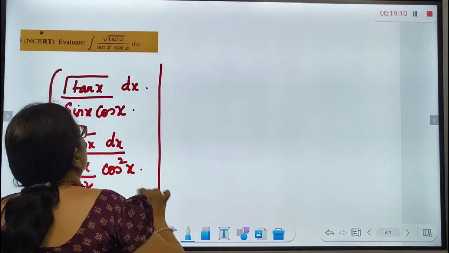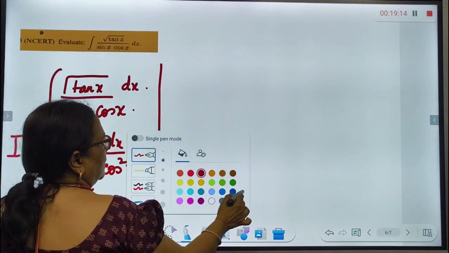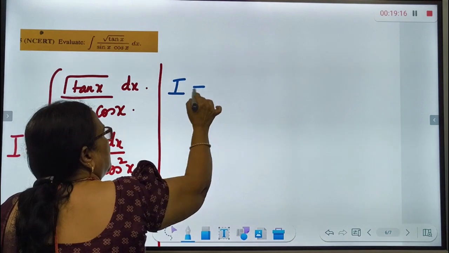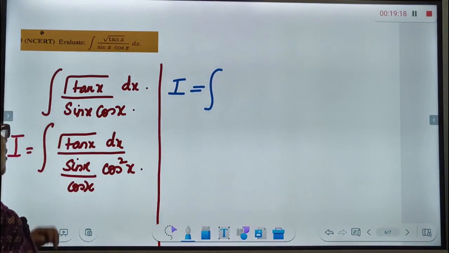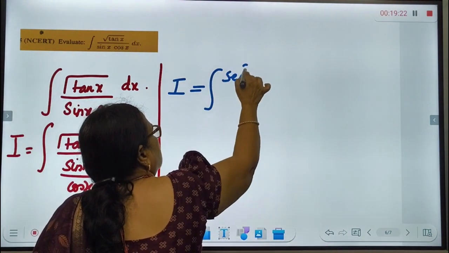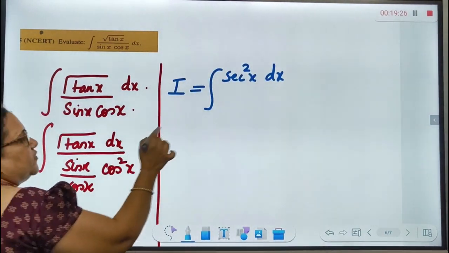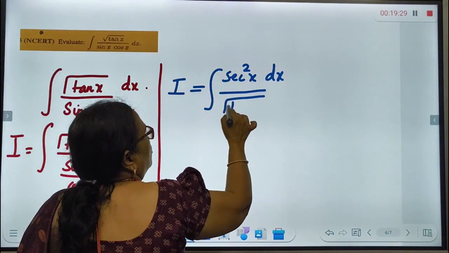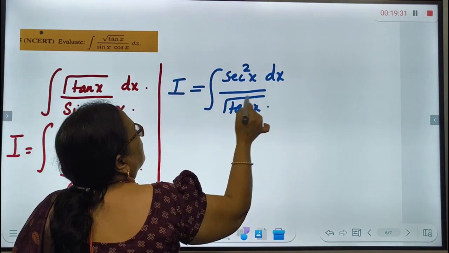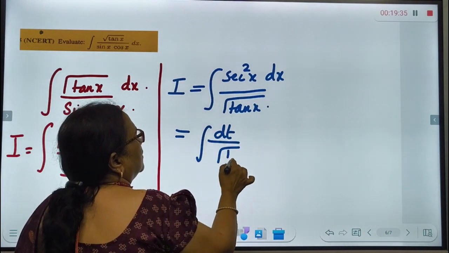So I is equal to integral of root tan x by 1 by cos square x is secant square x. Root tan x by tan x will give you root tan x in the denominator. This is dt by root t.